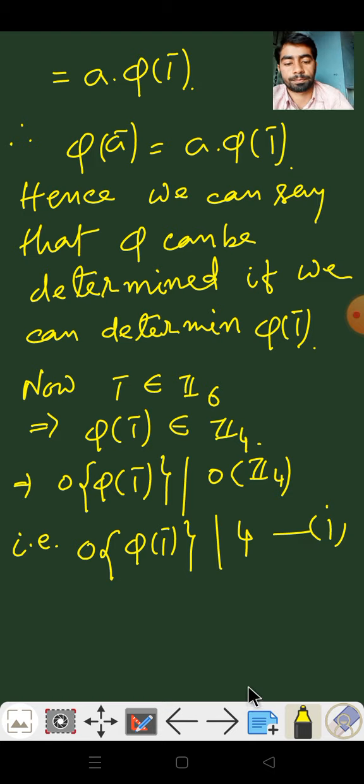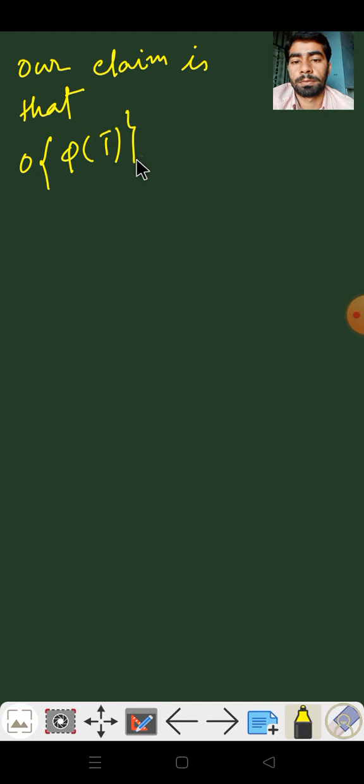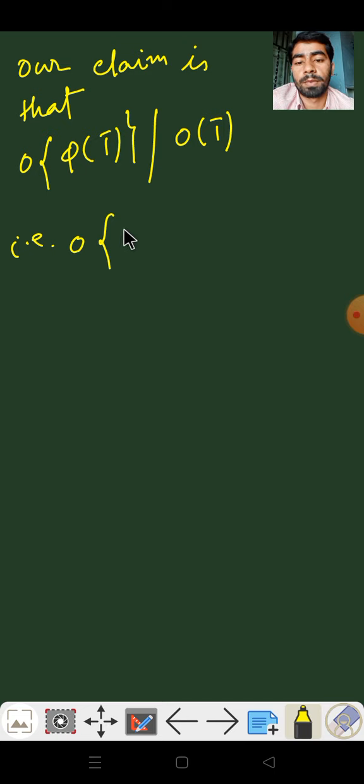This is obvious. Now our claim is that the order of phi of class 1 divides the order of class 1, that is, the order of phi of class 1 divides 6.